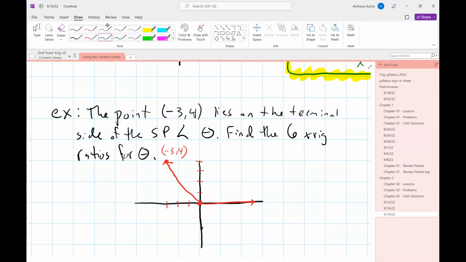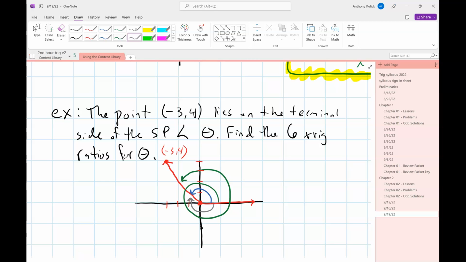Notice for this angle, I don't know the exact angle measure. I don't even know if I'm talking about an angle like this as theta, or an angle like that for theta, or even an angle like this for theta. It doesn't matter.